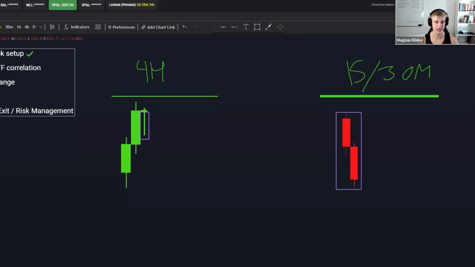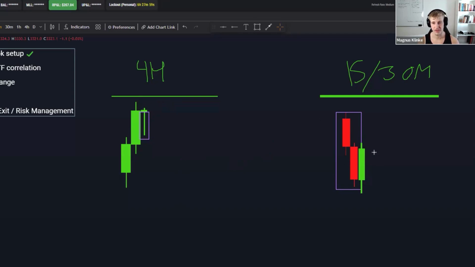When we see that move coming down, we've got to identify a new support or something like that to begin to come up again with the 4-hour time frame. So when we see a new support on the 15 or 30 minute time frame, we could identify this as a new support, an onion play, which is basically just a buy off of support or sell off of resistance.